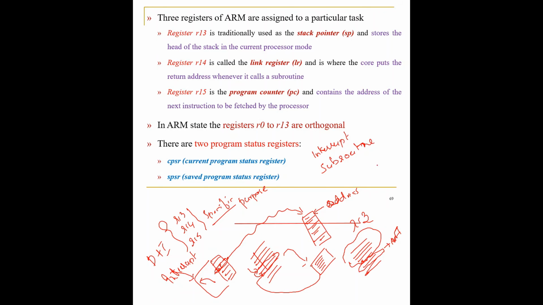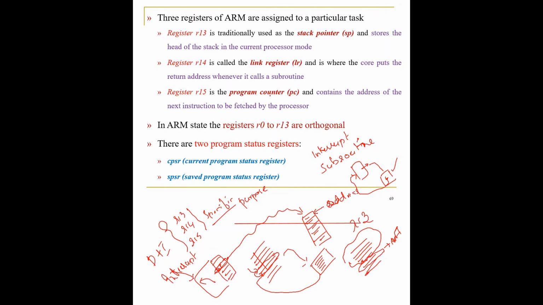A subroutine is something like this: in the main program, you do not find some data, so in order to get the data, you go to some other program, get the data and come back. That program is called a subroutine. So you do not know at what point you need to jump to the subroutine. Also, R15 should be holding the address of the next instruction, right? Because you need to know what instruction has to be executed next. So R15 is going to hold the address.